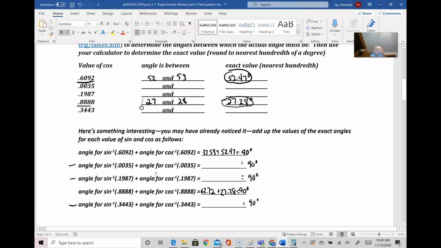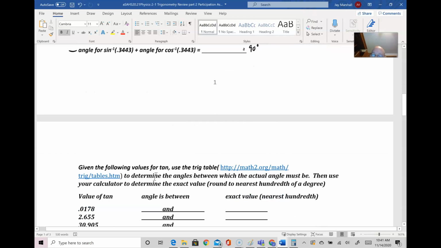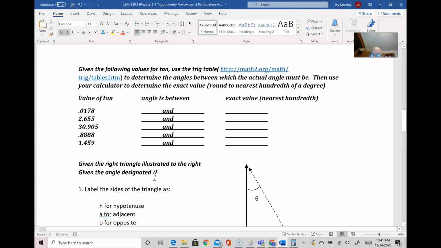Okay, so again, if I find the angle for the sine and cosine of the same value, those angles should add up to 90. They'll be complementary.